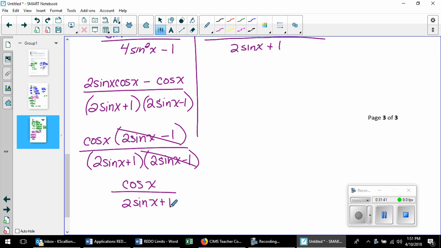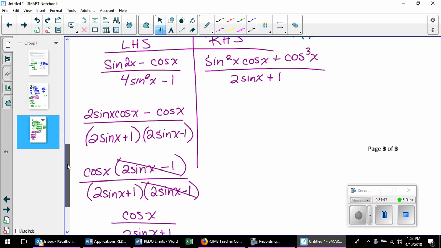Hey, look, denominators are the same. And then this one, although it looks really scary, it's got the cubed in it, and I don't really know what to do with the cubed. You guys haven't factored yet, so don't see the cube. Look, just common factor a cos. There's a cos in this one, and there's 3 coses in this one.